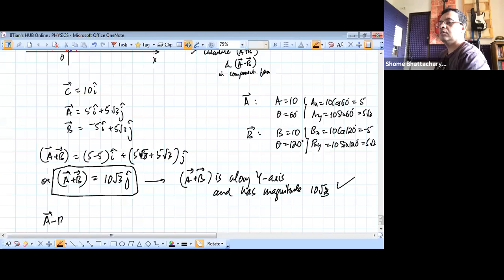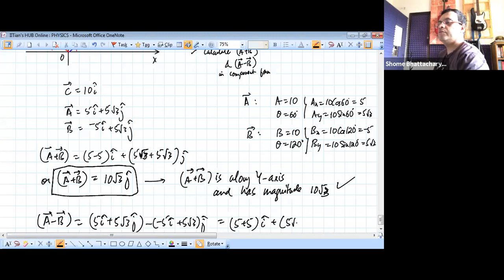Similarly, A minus B क्या हो जाएगा? A minus B will be this vector A, it's 5 i cap plus 5 root 3 j cap, minus this whole vector B, which is minus 5 i cap plus 5 root 3 j cap. So that will become 5 plus 5 i cap plus 5 root 3 minus 5 root 3 j cap.